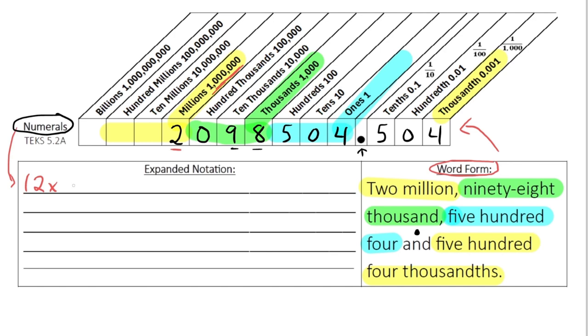It's in my millions place. Okay, plus, I skip my zeros, so now I move over to my 9. I have a 9, and that 9 is inside my 10 thousands place. So I just copy that.